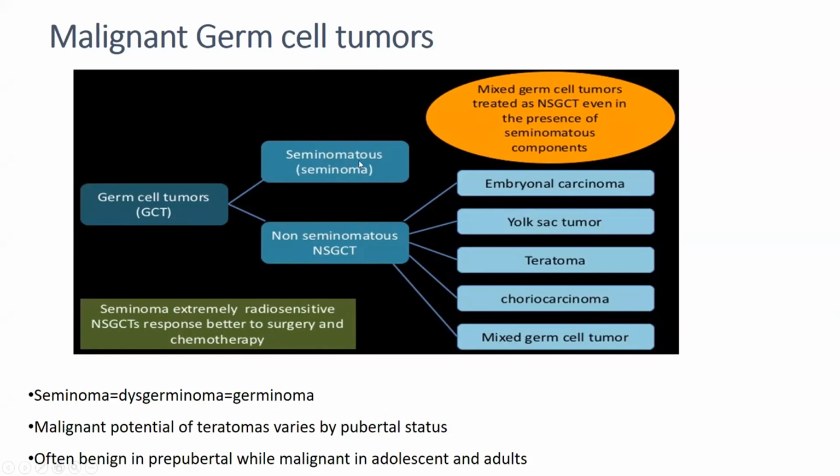The other is non-dysgerminomatous, which is again classified into five categories: embryonal carcinoma, yolk sac tumor, teratoma, choriocarcinoma, and mixed germ cell tumor. The malignant potential of teratoma varies with age. It is generally benign in young children and malignant in older children.